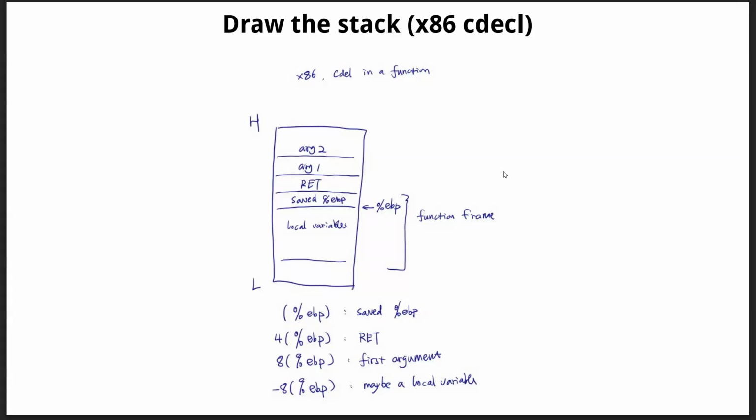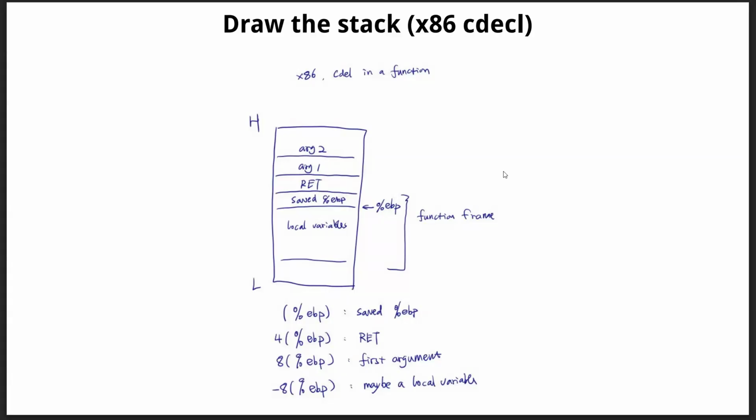This is AT&T syntax here. I wrote this in AT&T syntax. So the parenthesis here is just like the bracket in Intel syntax. So what does EBP point to? In a function, EBP always points to the saved EBP. What does EBP plus 4 point to? EBP plus 4 points to the return address.